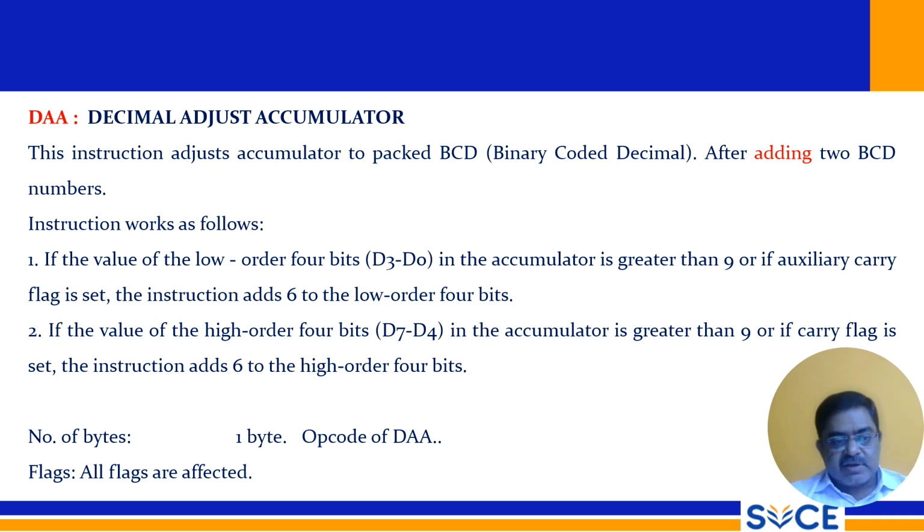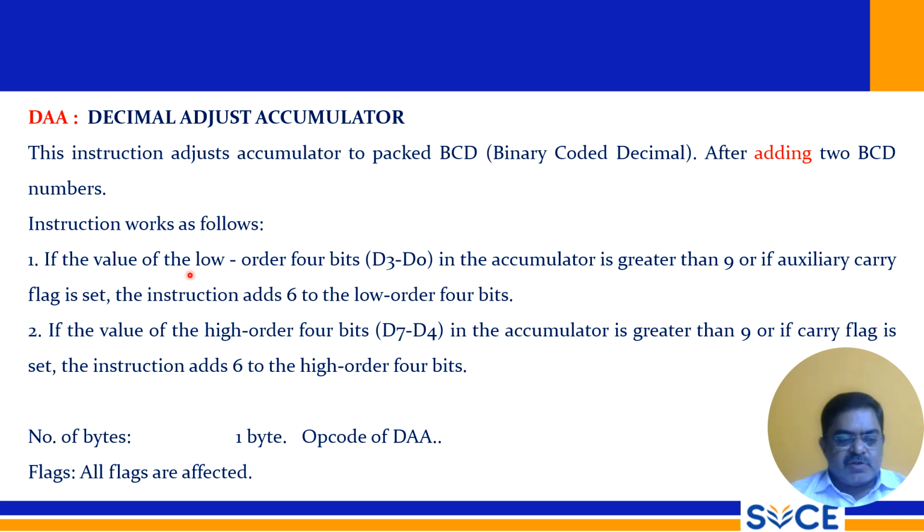Next one is decimal adjust accumulator. It is a very important type of instruction, and it is used for BCD numbers. This instruction adjusts the accumulator to packed BCD, binary coded decimal, after adding two BCD numbers. It works as follows.